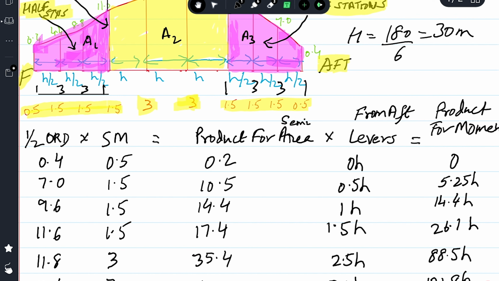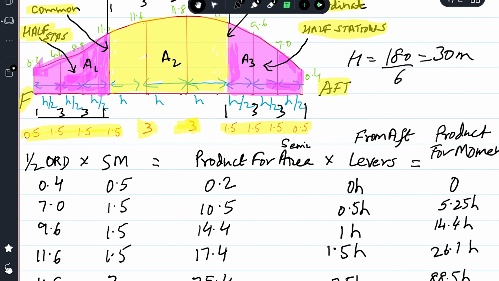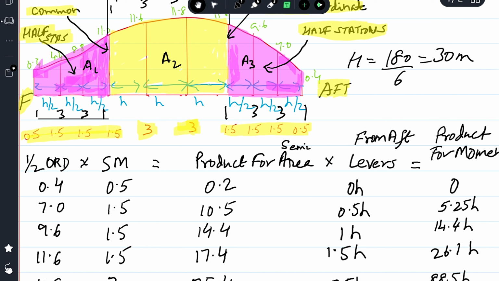Now I come to the main body where the interval is H. So the next ordinate is 11.8 here. You just add H to the last lever.